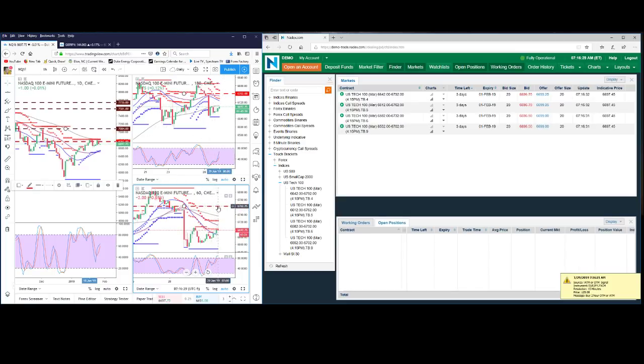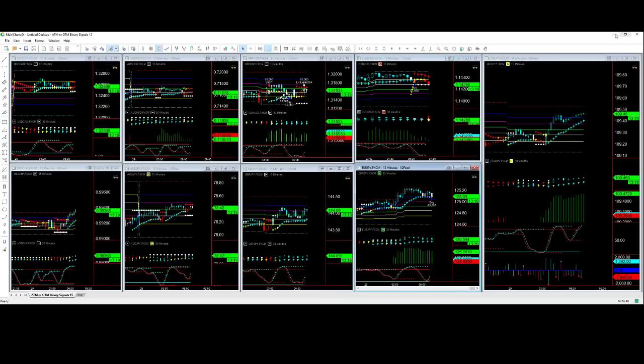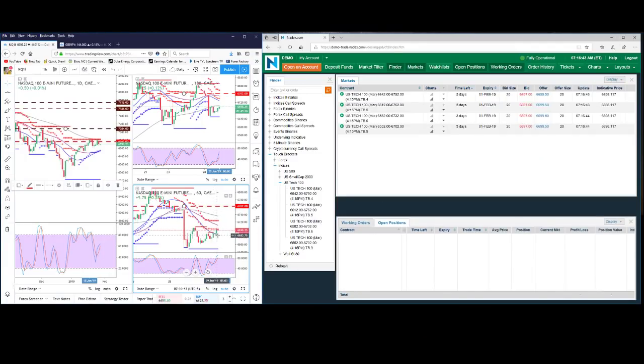It hasn't yet, but it is a good example. I would want this to form a reversal bar, okay? And once it forms that reversal bar, okay, then you have the potential to enter. Does everybody understand that one?